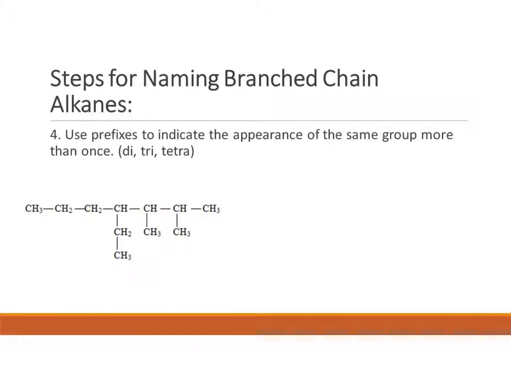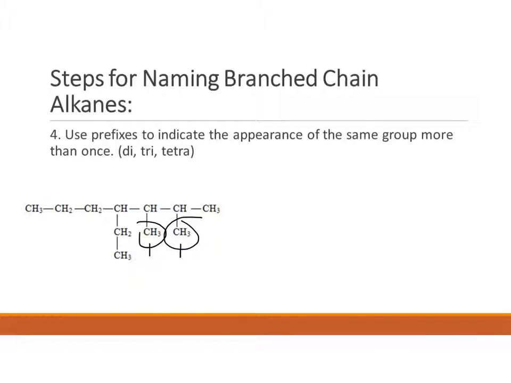Step 4, use prefixes to indicate the appearance of the same group more than once. So we had on the last slide 2-methyl and 3-methyl here. You don't want to go 2-methyl, 3-methyl. We group them together because they're both methyls, they both have 1 carbon.